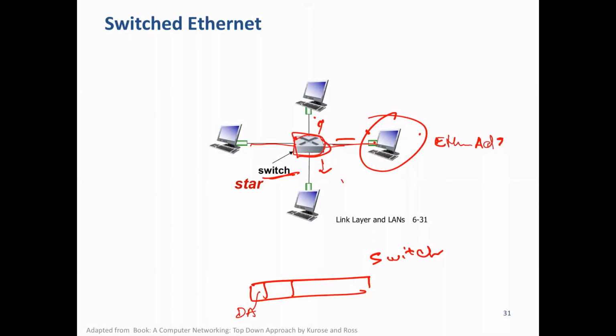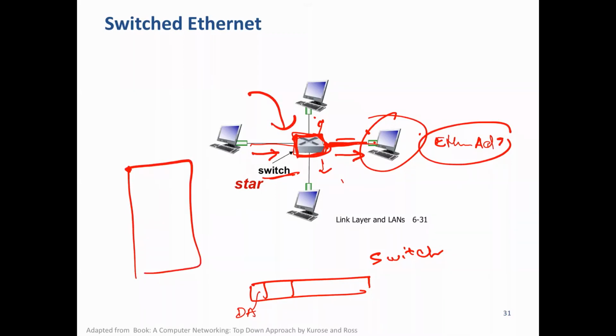How will the switch know that this Ethernet address belongs to this link? Earlier the switch had a different understanding altogether. So we cannot create a permanent table, otherwise no new user can be admitted. Hence, this switch has to be self-learning. It will learn continuously.